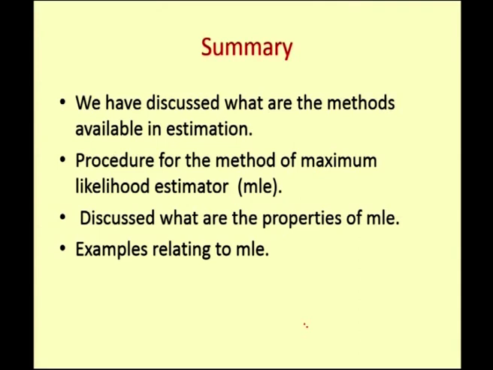Next, we discussed the properties of the MLE. Then we considered two examples. One is how to work out a problem on MLE. The other is a problem where you find the MLE and check whether it is unbiased or not. I gave an example that it is biased, and I also discussed how to change it to an unbiased estimator.